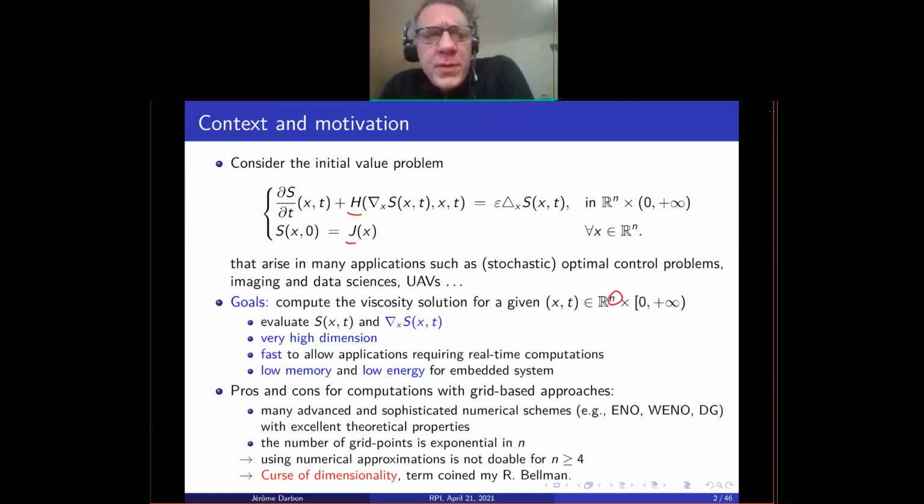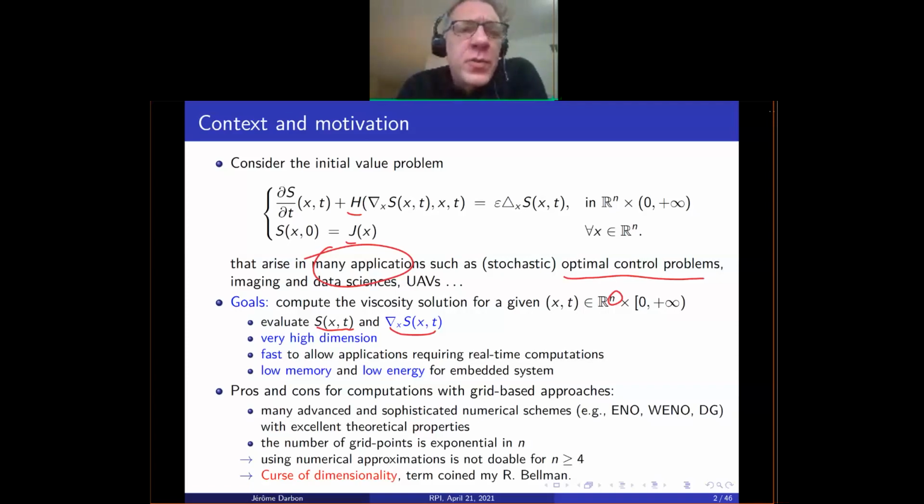The whole point of solving this PDE for those applications is to be able to evaluate not only the solution at any given x and t, but also the gradient. Once you have access to these two pieces of information, you are able to solve the optimal control problems, certain imaging sciences problems, or find the optimal trajectories of UAVs.